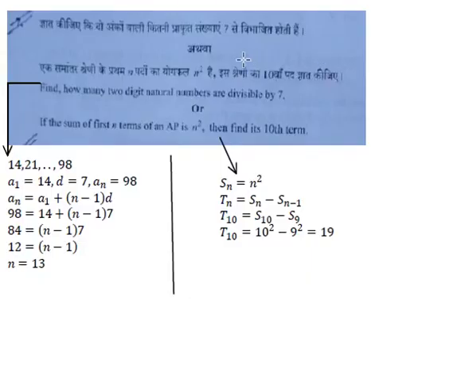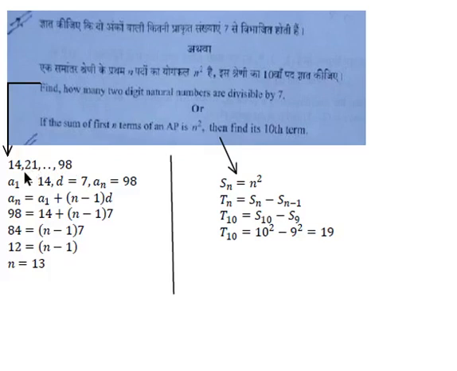In the 7th question, part 1, we have to find the number of 2-digit natural numbers which are divisible by 7. Like we did in the previous questions, we do it the same way. The first 2-digit number divisible by 7 is 14, and the last 2-digit number divisible by 7 is 98.